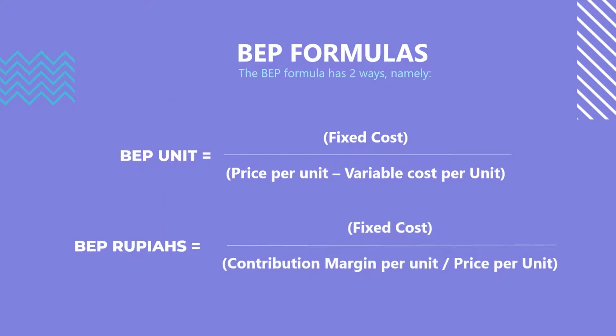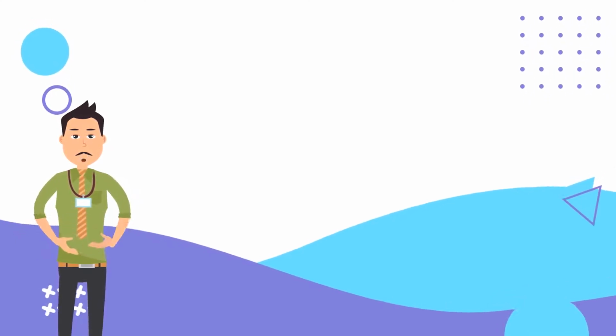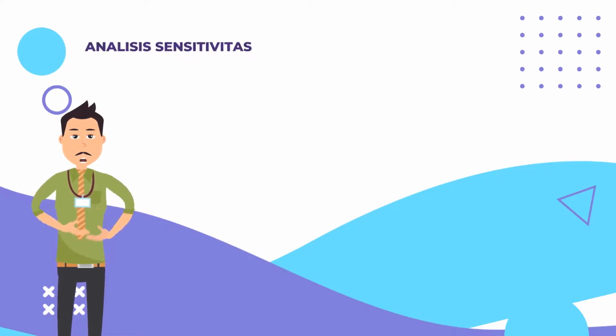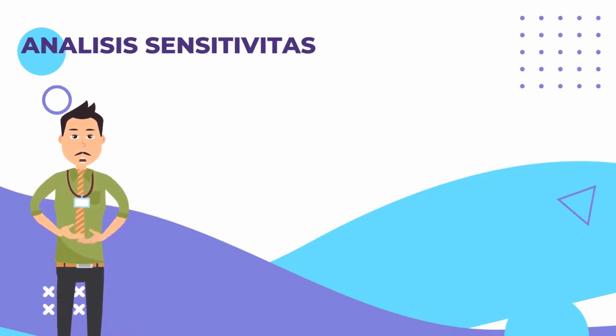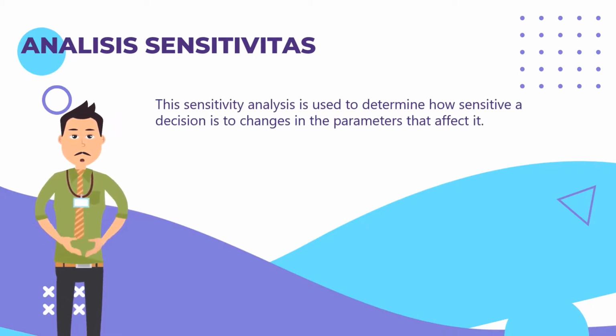The results of these calculations are to find out whether a business will return on investment if it sells, or gets the calculated results. After we know the costs that appear, the minimum attractive rate of return value, and the break-even point, the next step is to conduct a sensitivity analysis. Sensitivity analysis is used to determine how sensitive a decision is to changes in the parameters that affect it.